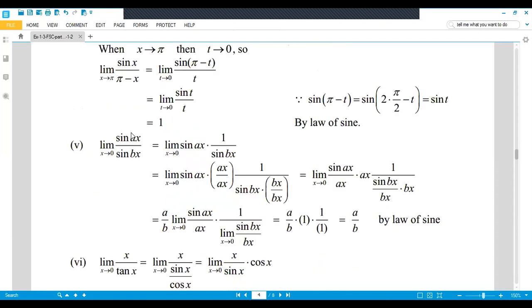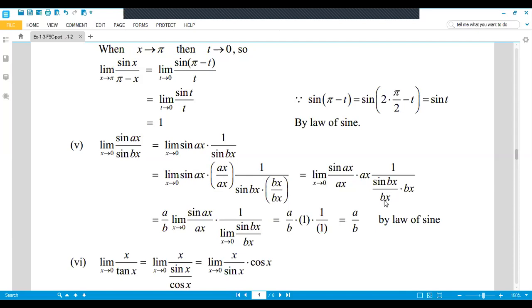In the fifth part, you have sin ax over sin bx. From the numerator, we take limit of sin ax. If we multiply and divide by ax, we get the law of sine. And in the denominator, sin bx, if we multiply and divide by bx, again we get the law of sine. So from our side, we multiply and divide by ax; the division one comes here and the multiplication one we write as it is, and in the denominator the division one as it is, and then the multiplication one.